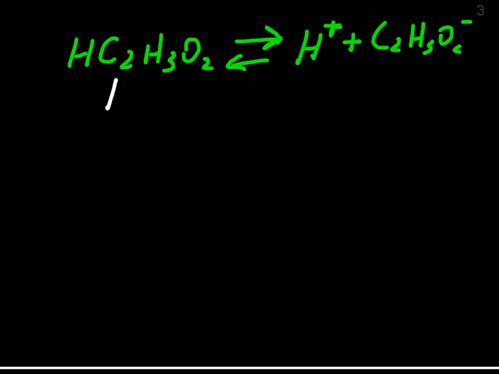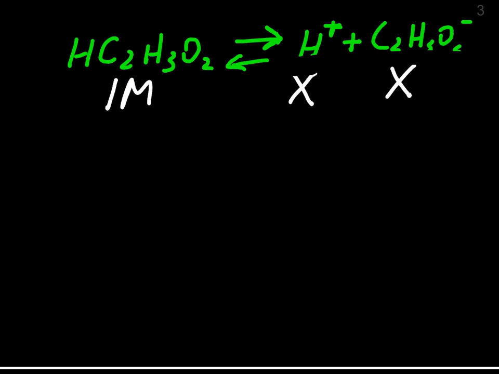If I start off with 1 molar of that, I don't know exactly how much of this or that I get because it's in equilibrium. I do know, though, that the concentration of the hydrogen ions will be the same as the anion that came off of it, because for every one of these that came out, I get one of those. I'm just going to call that X for right now.